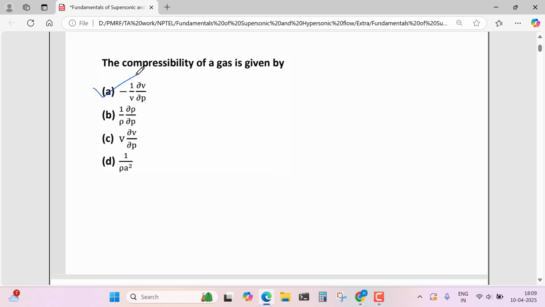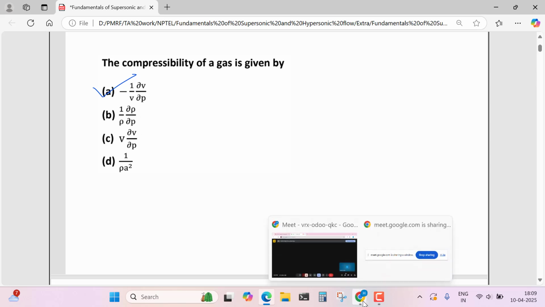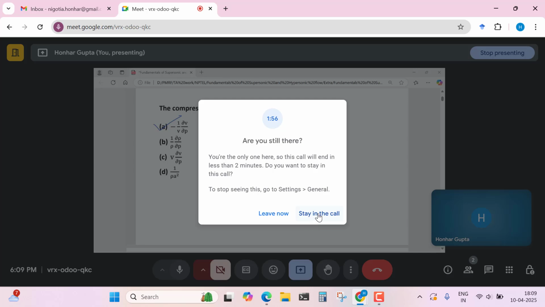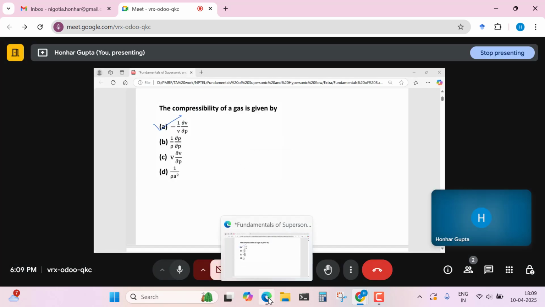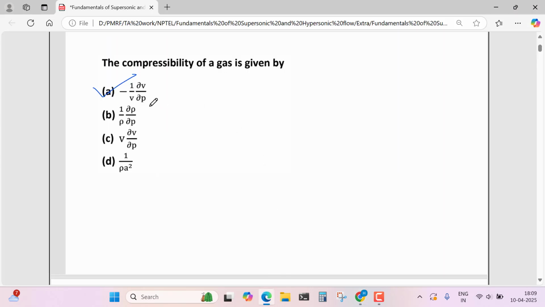This is from the definition. The second option will also be correct because we have converted specific volume to density, and D option will also be correct. So A, B and D are correct options.